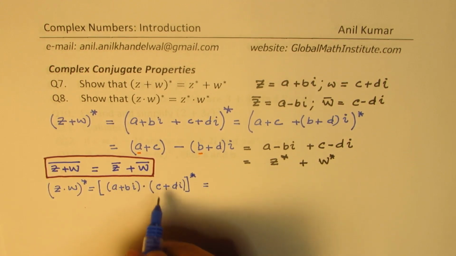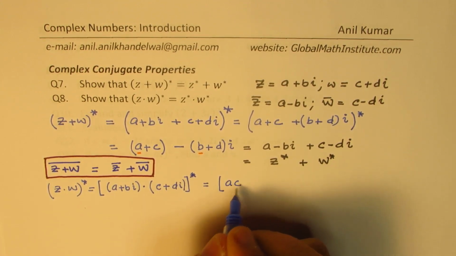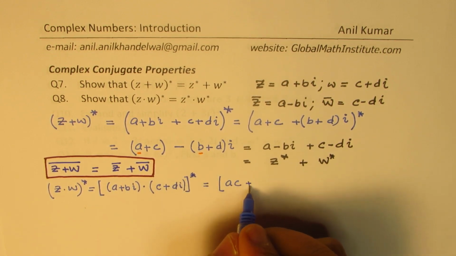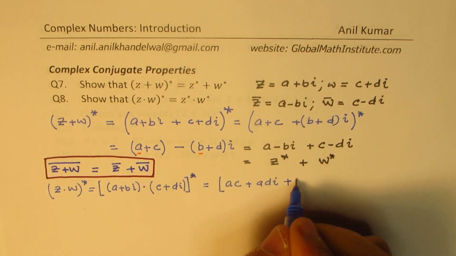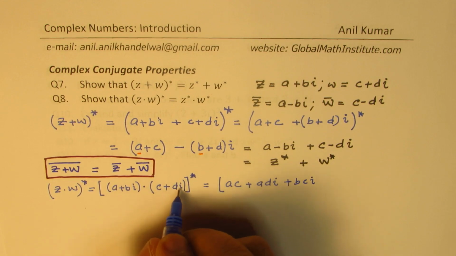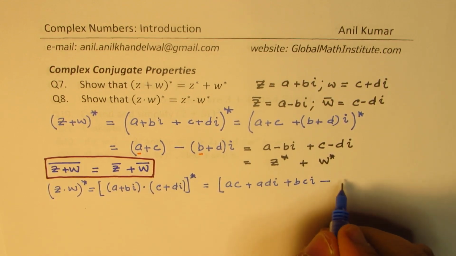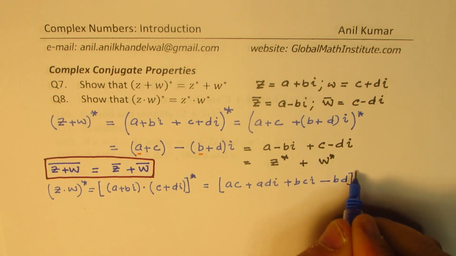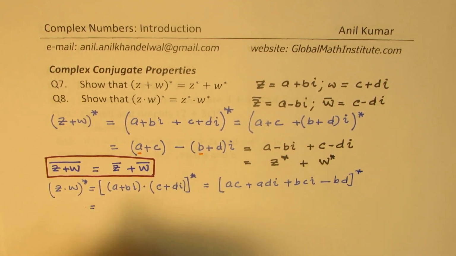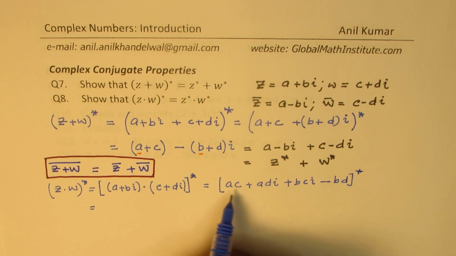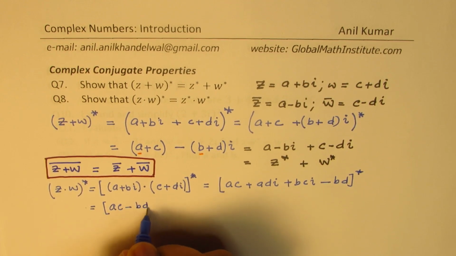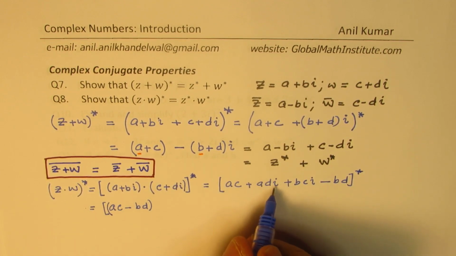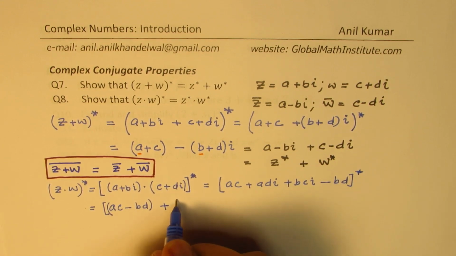So when you multiply, you get a times c, plus adi, plus bci, and when you multiply the i terms, i squared is negative, so it gets minus bd. Combining the terms, we get ac minus bd. So that's the real part. And the imaginary part here is ad plus bc, times i.